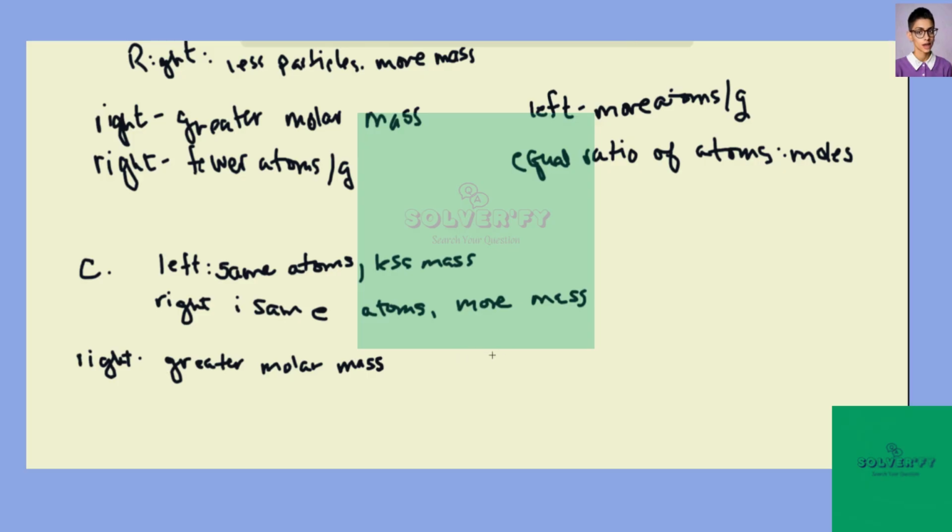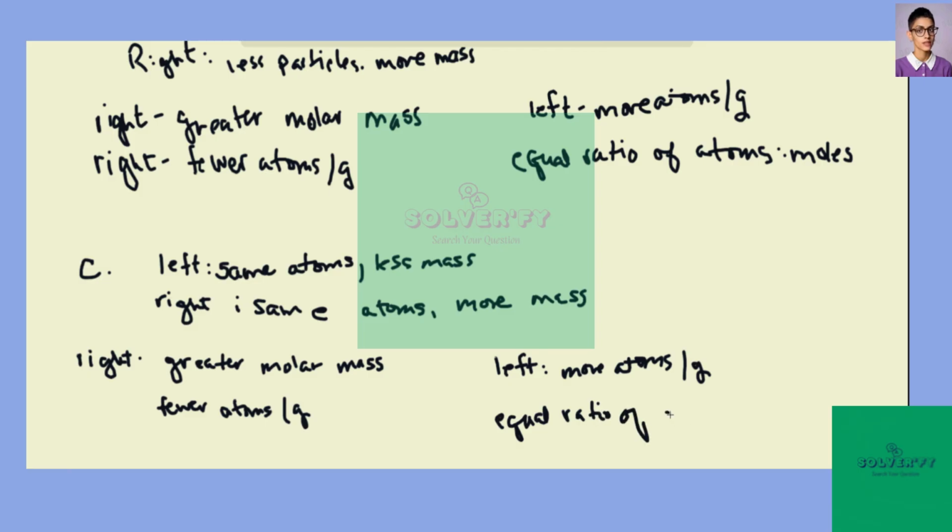More atoms per gram, again looking for a smaller mass with the same number of atoms, would be on the left. And so the right would also have fewer atoms per gram. And again, on the question of what's the ratio of atoms to moles, they both have an equal ratio of atoms to moles.